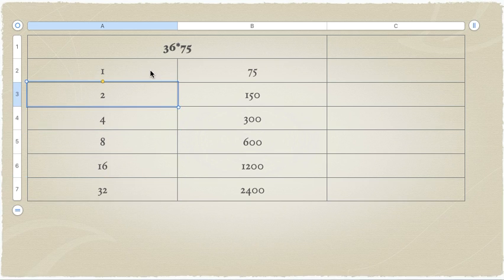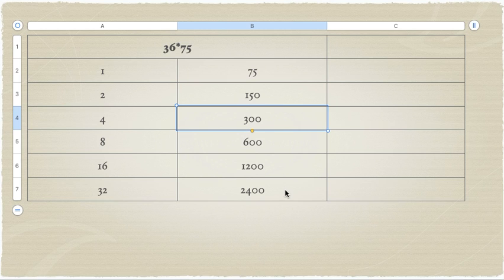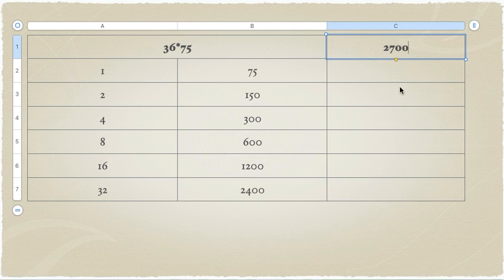Okay, so that's 300 plus 2400, that's 2700. When you multiply 36 and 75, that should give you 2700.